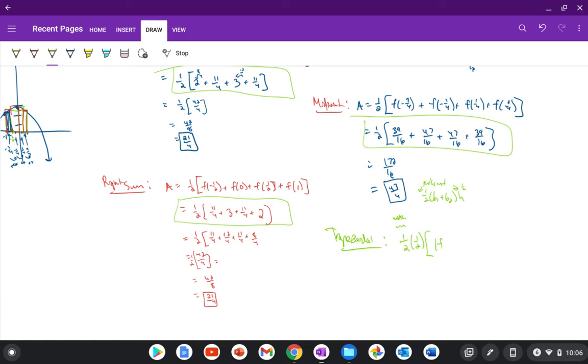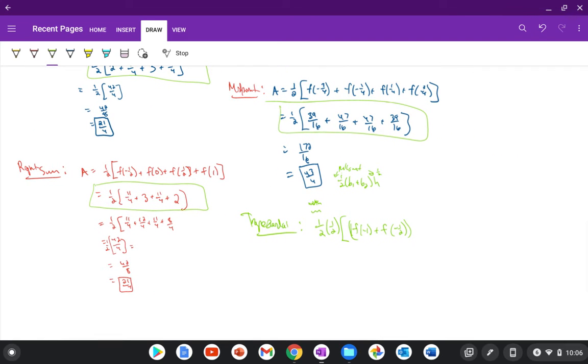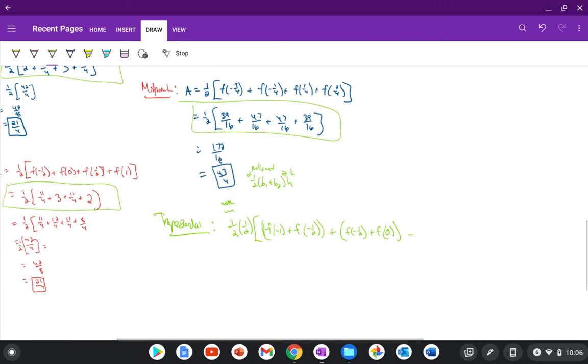Our first one is going to be f of -1 plus f of -1/2, right? And then our next b1 plus b2 would be f of -1/2 plus f of 0 for our second one. Our third one, f of 0 plus f of +1/2. And our last one, f of +1/2 plus f of 1.